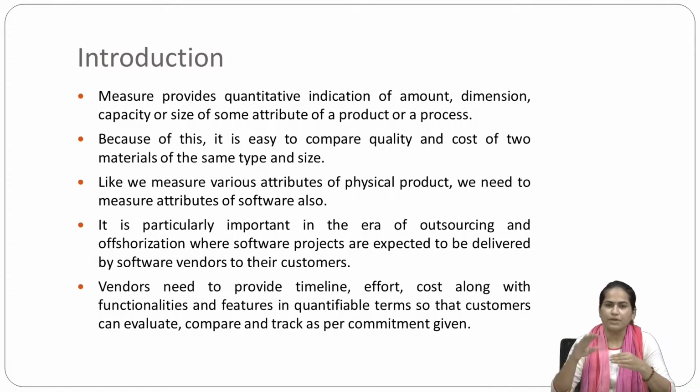We have different measurements which we need to consider when we are estimating the overall costing of our software. Before moving on to that, we need to understand what measurements we have, and before that, what is the use of measurement, why we need some measurement for estimation.